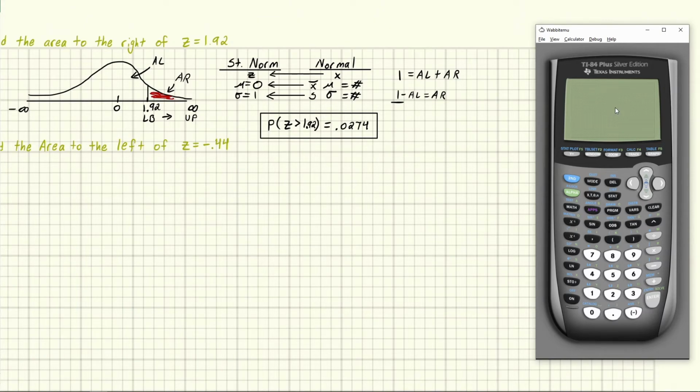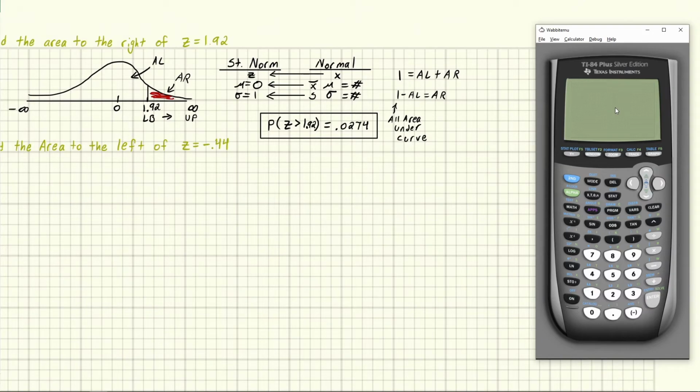This 1 is basically all area under the curve. If we take off the area to the left, we're going to be left with area to the right. And so this is an incredibly useful formula. So we can look up our chart and just do 1 minus whatever our chart tells us, and we'll get area to the right. So let's go ahead and do that.